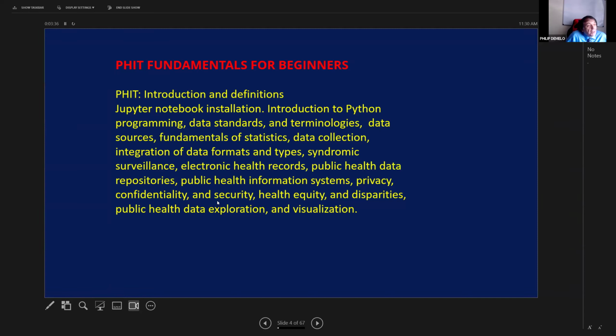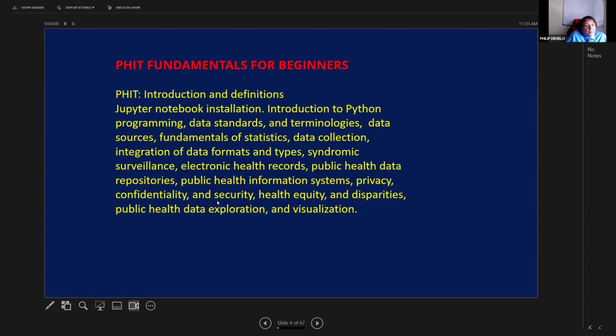Therefore, it is now widely used in healthcare and public health domains. Python has very rich libraries that we also use, and students learn them and use them in their capstone and hands-on training.